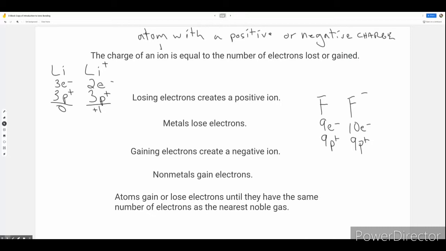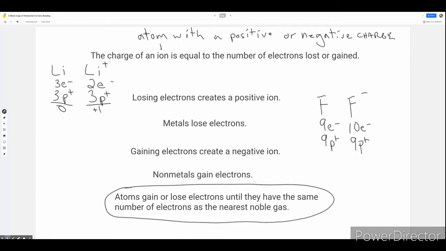And remember, I said that all of this is driven by the fact that atoms want 8 valence electrons. Well, it turns out that the noble gases all have 8 valence electrons. So all the atoms on the periodic table, which I'm going to show you in a minute, they're all trying to be like the noble gases because they're the most stable elements on the table.